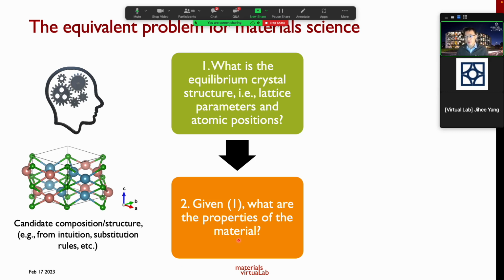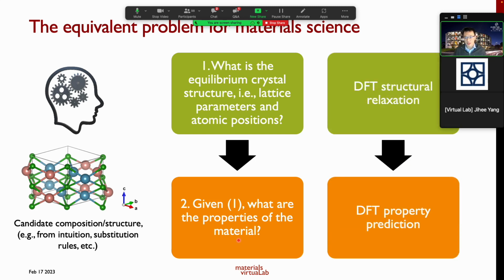It all depends on what kind of properties you're interested in, whether it is some energetic property like the voltage of a battery, or some electronic structure property like the band gap of a material, right? Over the past few decades, the way that we do this is basically through DFT relaxations and DFT calculations of the properties, right?